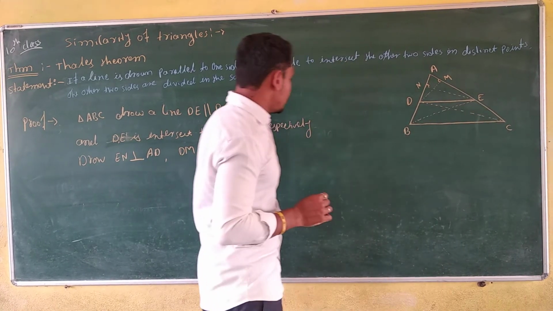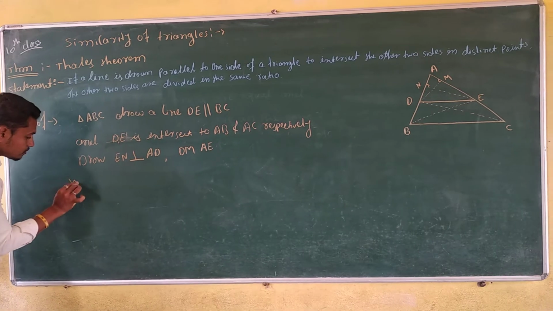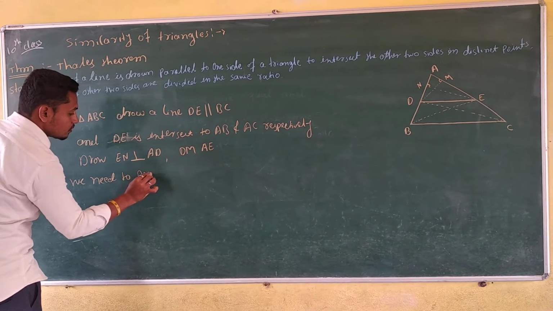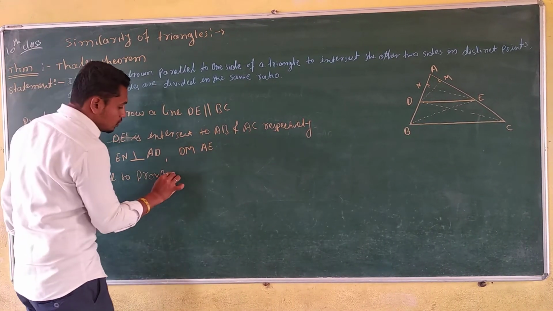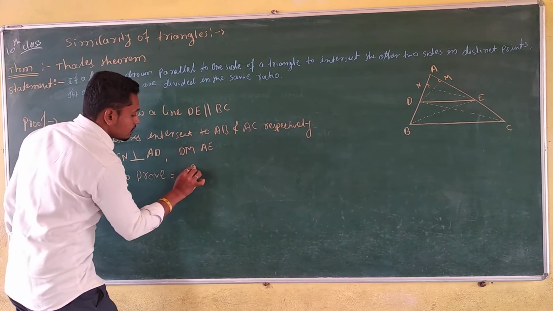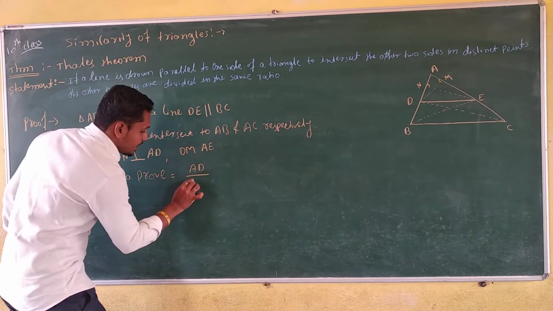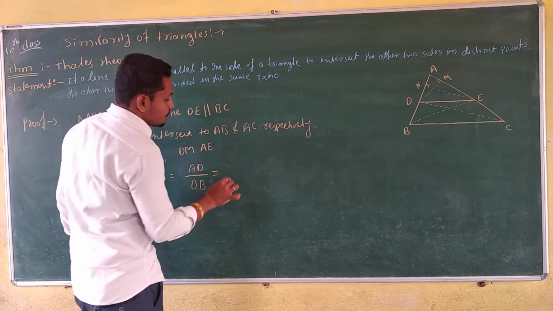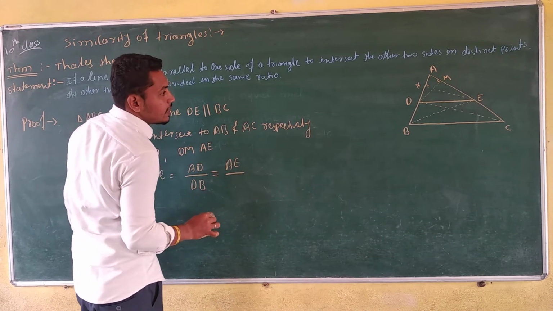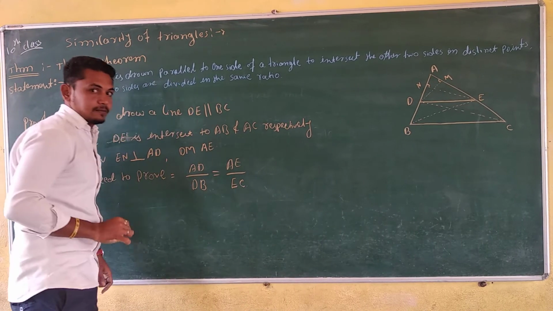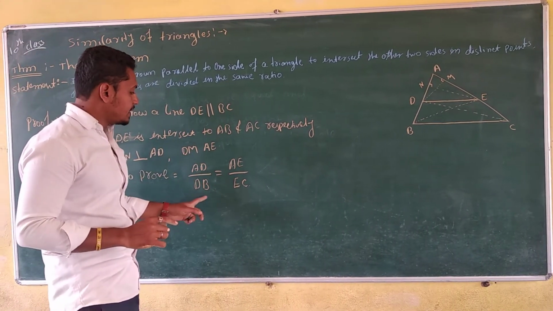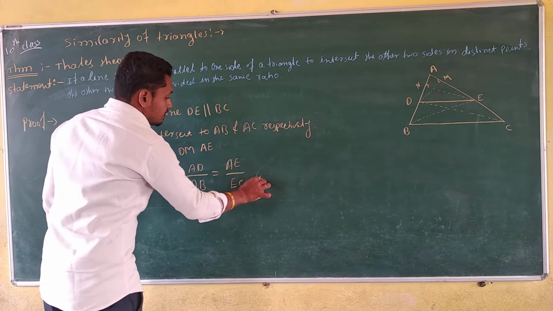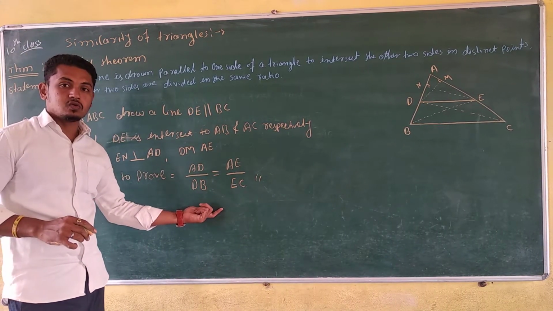Is it right? So we need to prove AD divided by DB is equal to AE divided by EC. This statement now we have to prove.